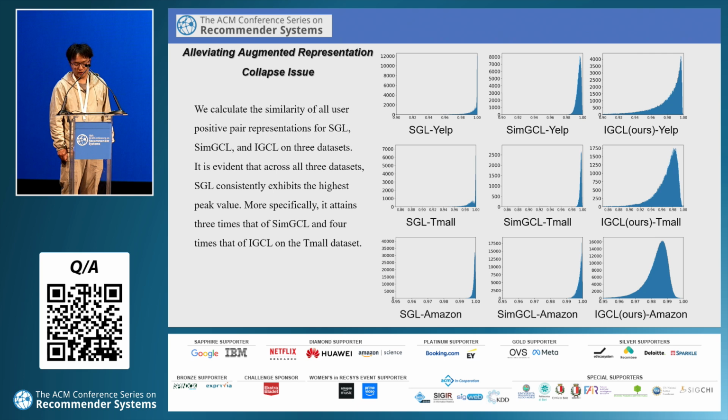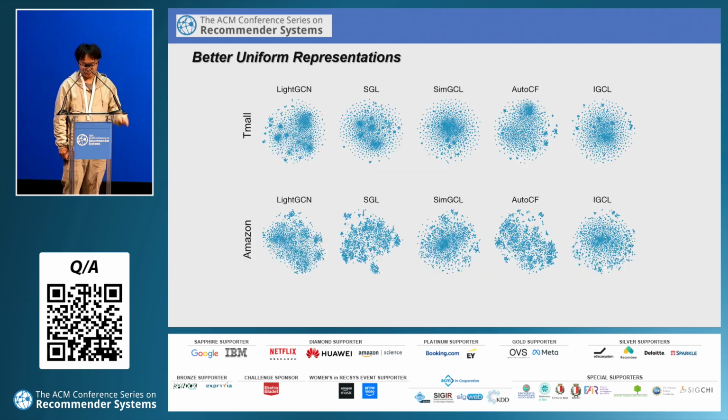SIM-GCL exhibits a weaker collapse phenomenon. That is the reason for its relatively superior performance. So finally, we use t-SNE to show the distribution of the learned representations.